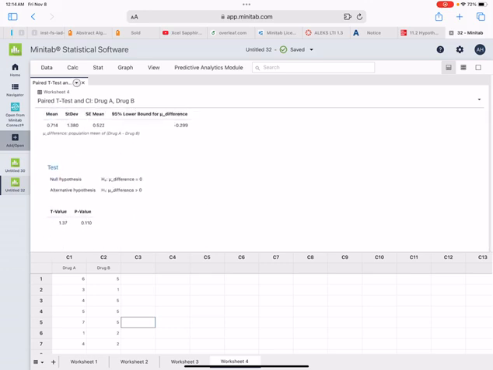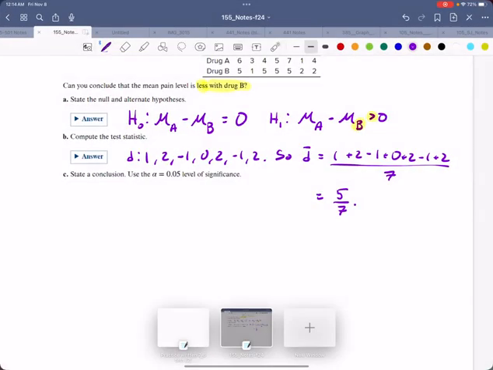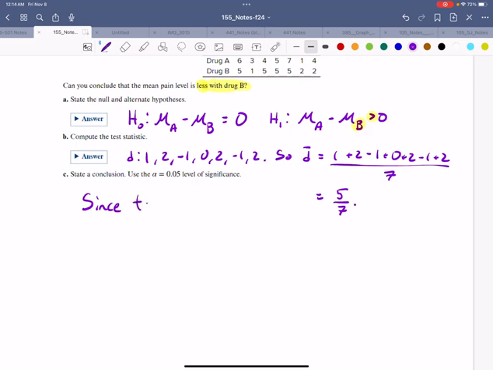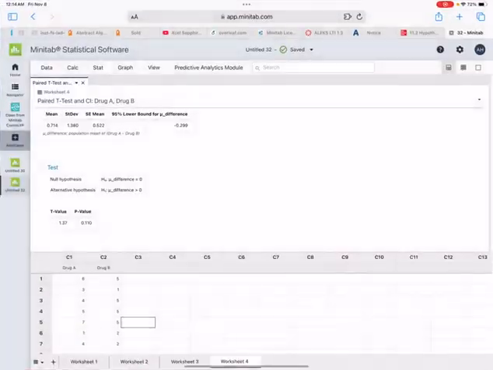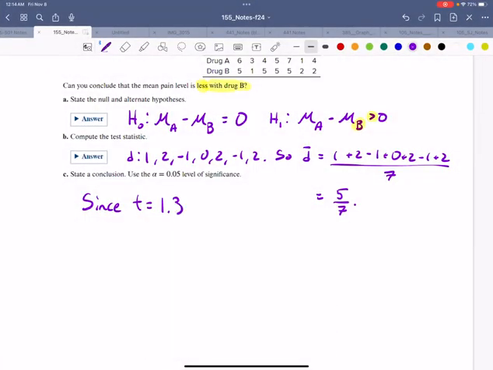All right. And let's see what we have here. The p-value equals 0.110. So I'll just write both of them. Since t equals, is that 1.37? Yeah. We don't really need this. P equals 0.110, which is greater than alpha equals 0.05. We fail to reject H naught.